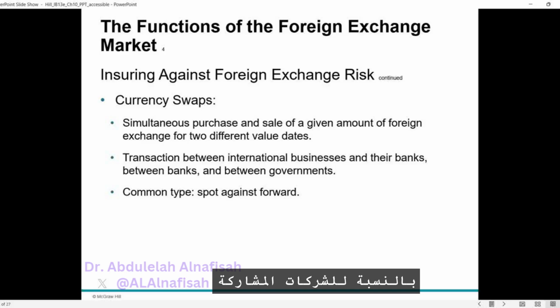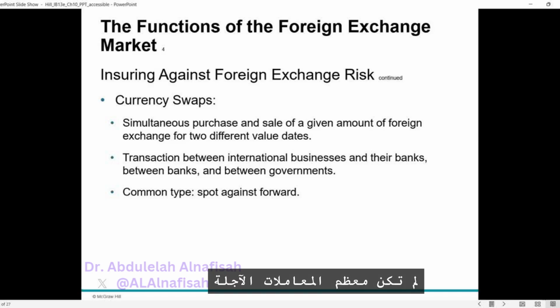For companies involved in international trade, the ability to engage in forward transactions is crucial. By 2010, forward transactions accounted for 63% of all foreign exchange transactions, with spot exchanges at 37%.